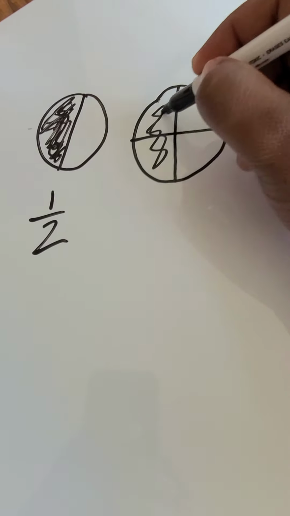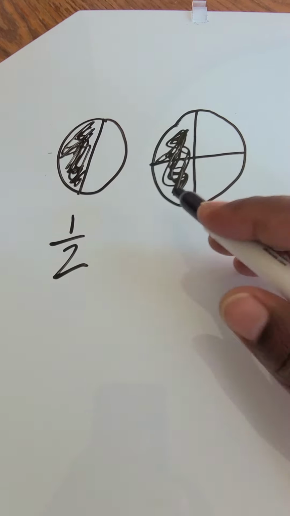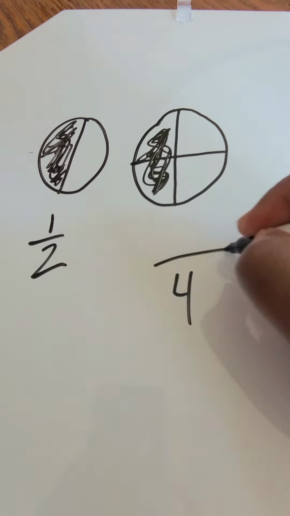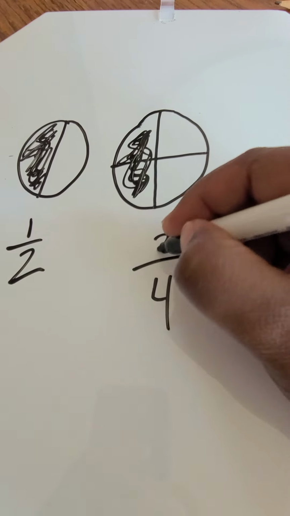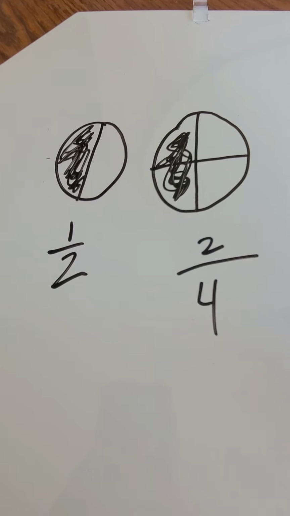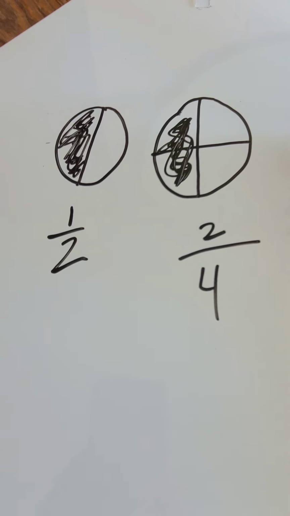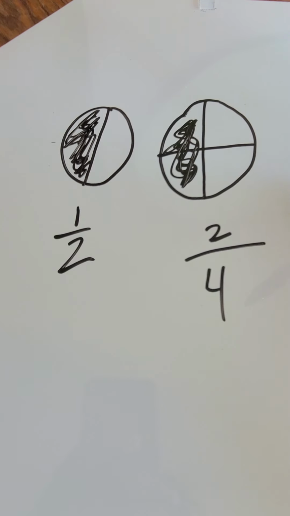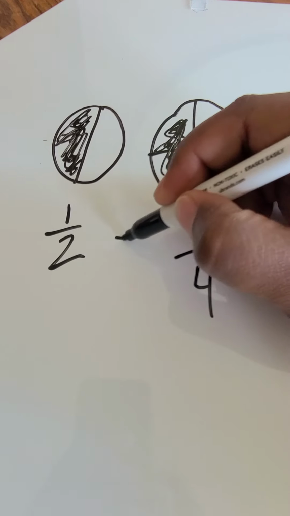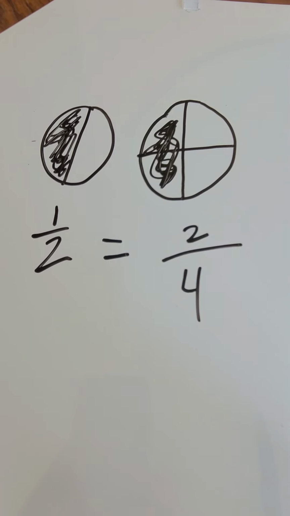This region will still be shaded, but now instead of 2 parts, we have 4 parts. And instead of 1 part shaded, we have 2 parts shaded. So as you can see, both objects are equivalent as far as the shaded regions. So we can conclude 1/2 is the same thing as 2/4.